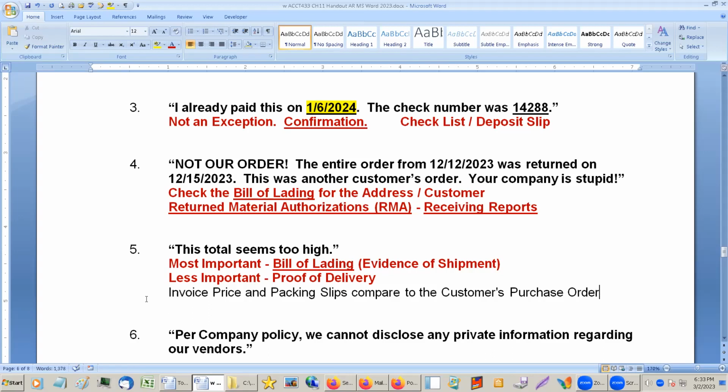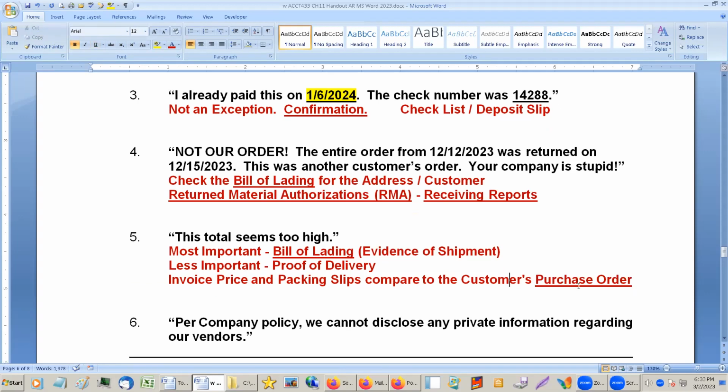Usually the purchase order will have the prices on it. So if they do use purchase orders, the purchase order will have the price on it, and that should match up to the invoice. And if it doesn't, then there's a problem with the sales and the purchasing department of the customer. Especially if this is business to business, the purchase order price should match up to the invoice, and the packing slip should match up to the purchase order. So the price on the invoice and the number on the packing slip should match up to the customer's purchase order.